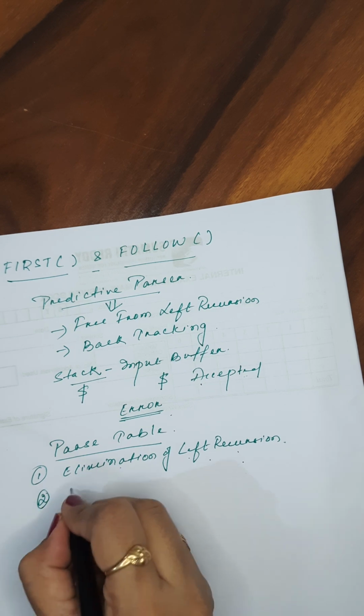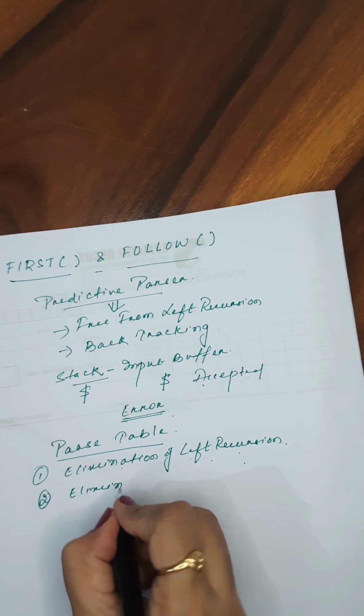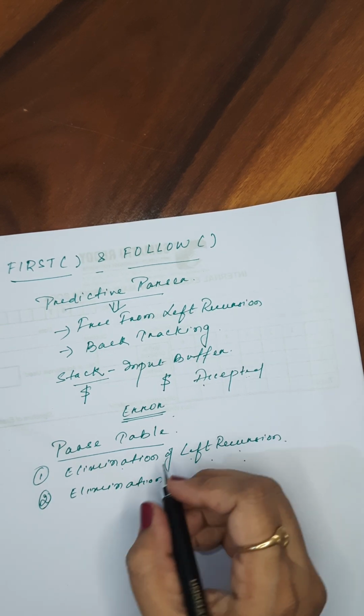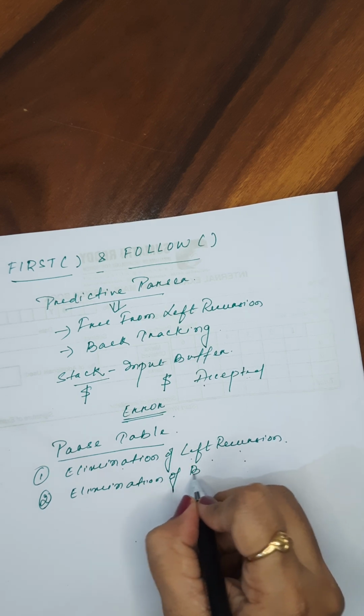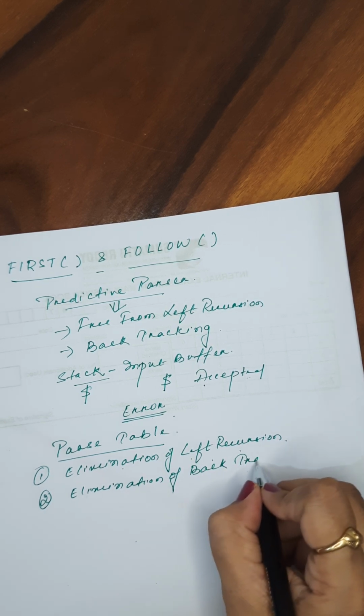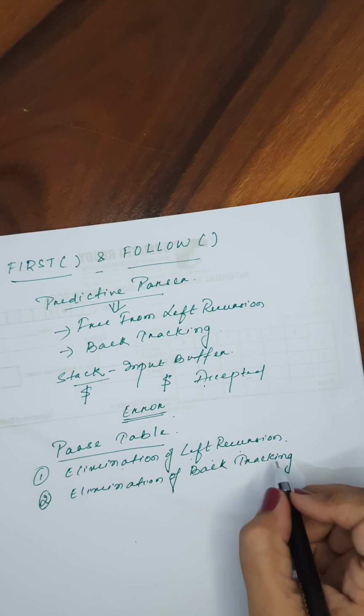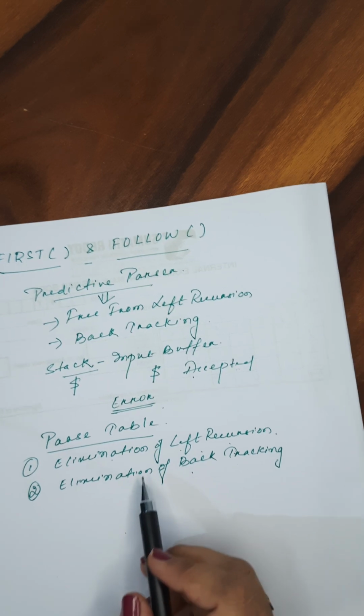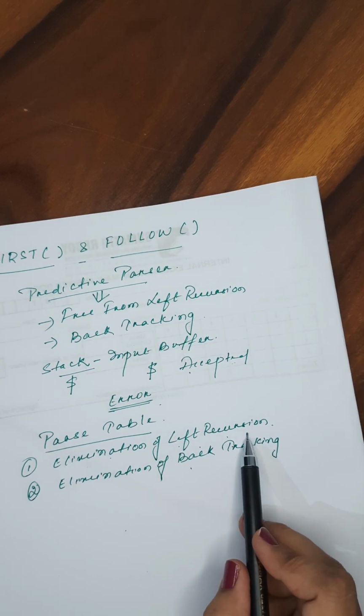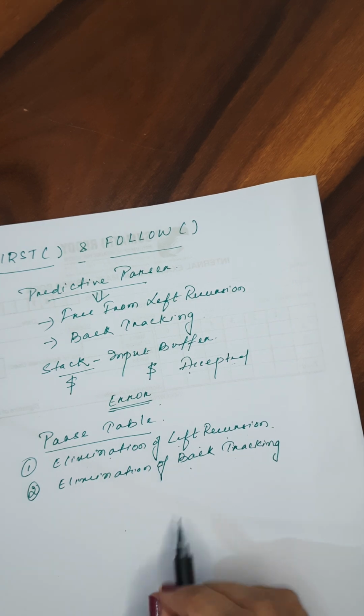Second is the elimination of backtracking, if any. Otherwise, if the grammar is already free from left recursion and backtracking, we can directly process it.